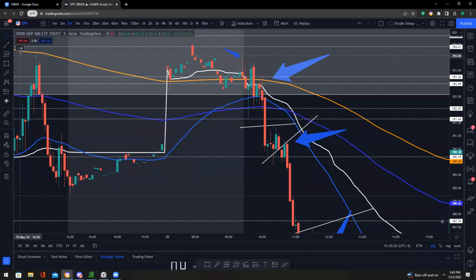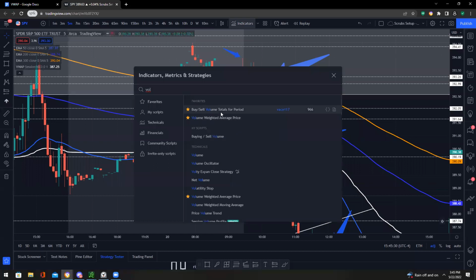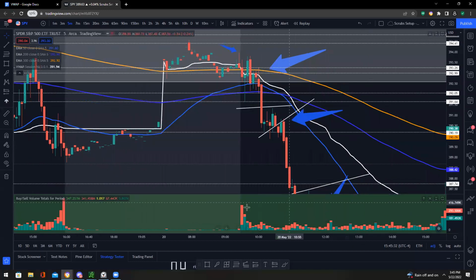You're looking at volume, which I don't have on right now, but just visually, I would have volume. I would have a couple moving averages, the key ones. I would have my VWAP. Look at volume, look at price action. That's all I care about. You don't need to overcomplicate it.